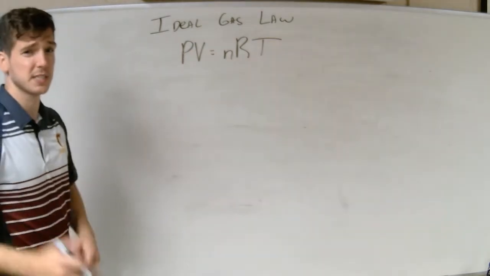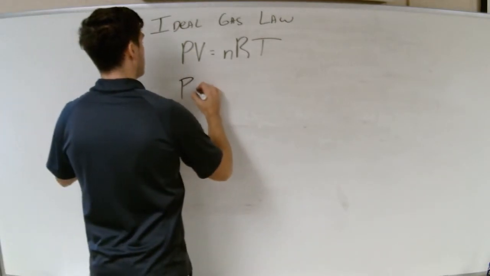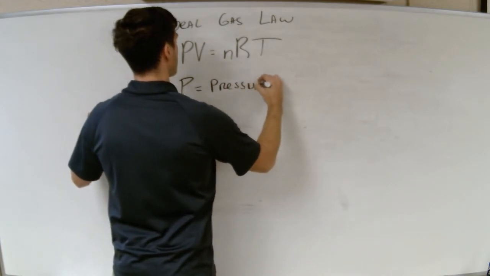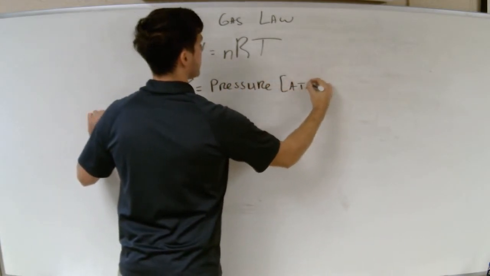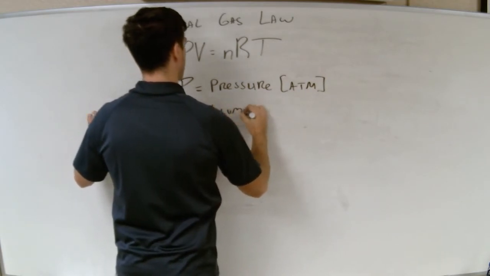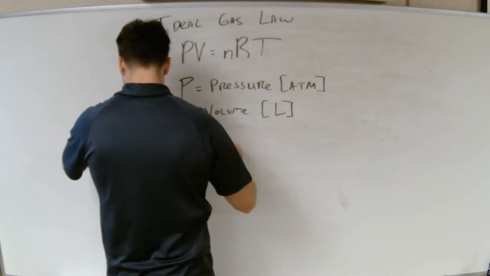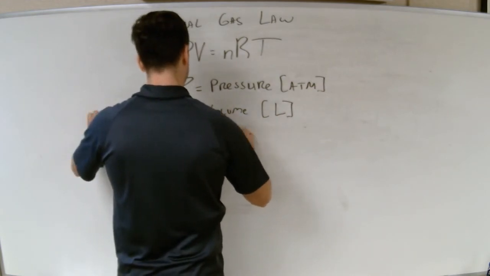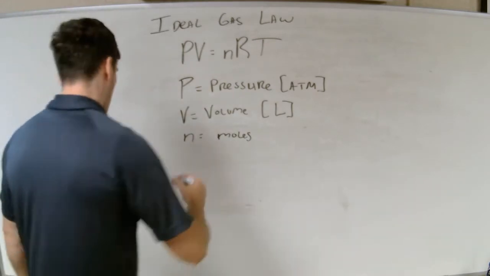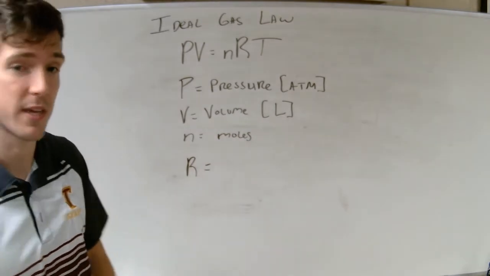Let me explain this. You probably remember it from last year, but P equals pressure, which I said before is in ATM. V is volume, which is in liters. n is moles. That's how many moles of the gas we're going to have. R is a constant. It's the same thing every time.